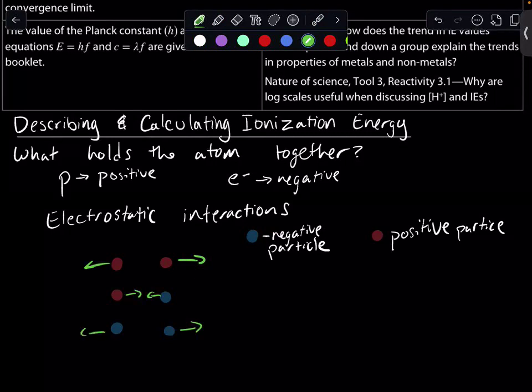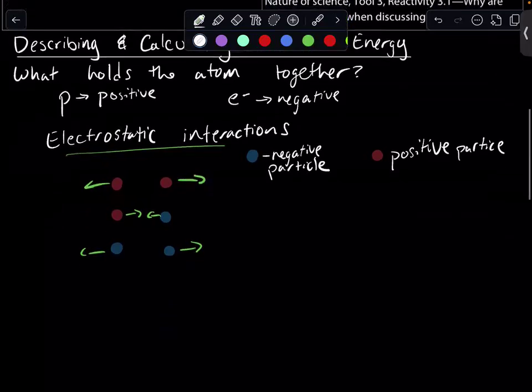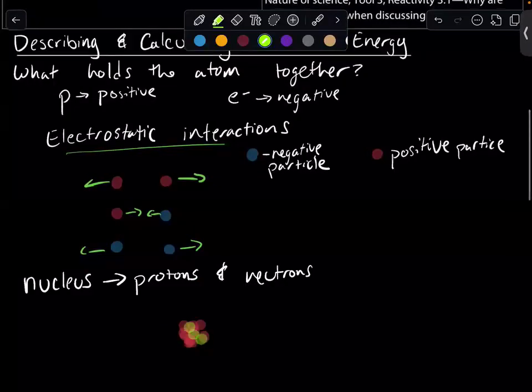So atoms are made of positive and negative particles, which therefore fall under electrostatic interactions, and they have these forces that are constantly affecting them. So if we look at the nucleus, it is just protons and neutrons. According to electrostatic interactions, all these little protons together, along with a couple neutrons in there, would want to repel each other and break apart.